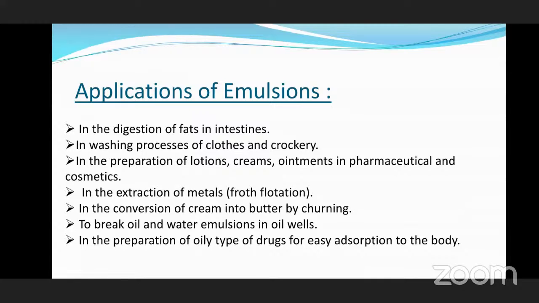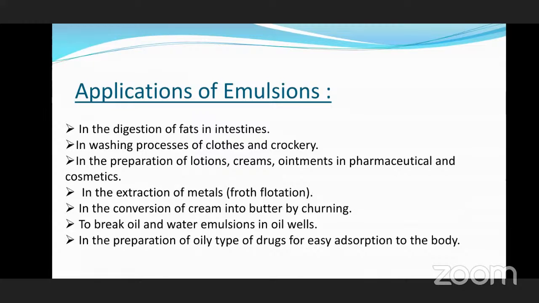This also plays an important role in the medical field, to prepare different types of ointments, medicines, capsules, whatever it may be. So this is about the main uses of the emulsions.